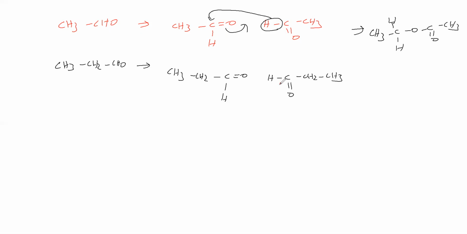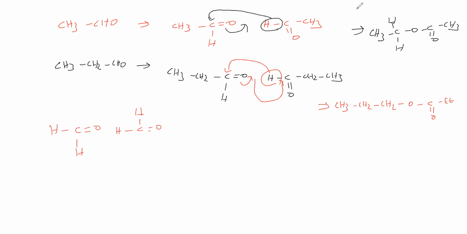For the bond migration, this will take the bond and shift here, this bond will shift and attack this carbon. So we'll get CH3, CH2, CH2, then O, CO, CH3, CH2, CH3. This is the product we will get. Okay. Next we will take, suppose, formaldehyde. This formaldehyde we will take 2 times.